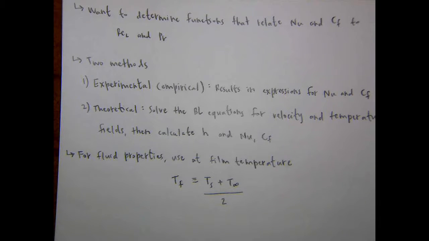There are some situations, there is one problem in your homework, for example, where you don't know the surface temperature and that's what you're solving for. Those are a little more annoying because you have to either guess or just use the ambient temperature, find the fluid properties, calculate the surface temperature, and then iterate.